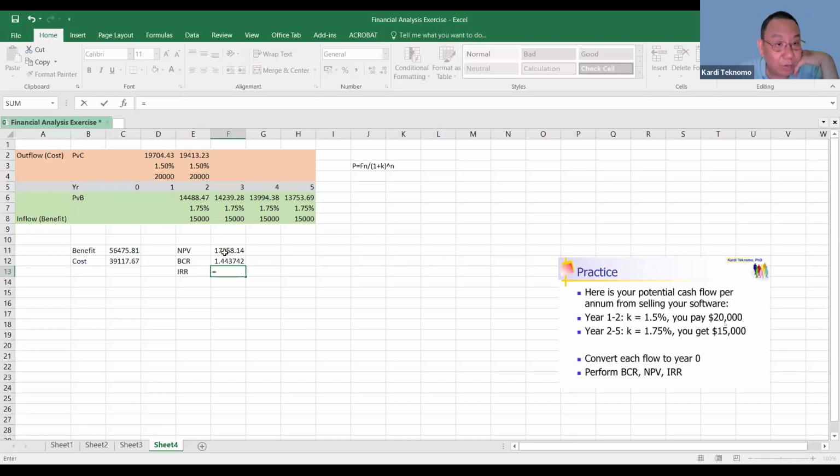So you did not have that yet. Not yet, sir. So for the present benefit and present cost, basically the difference of the two. Correct. But in the present form, and then after that you put all in one array.